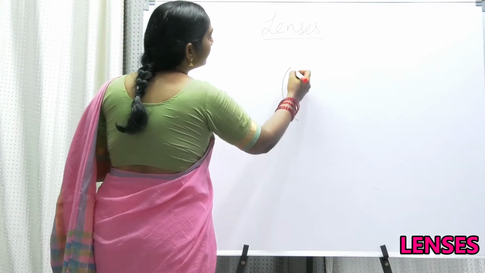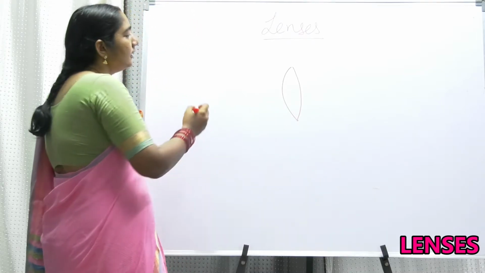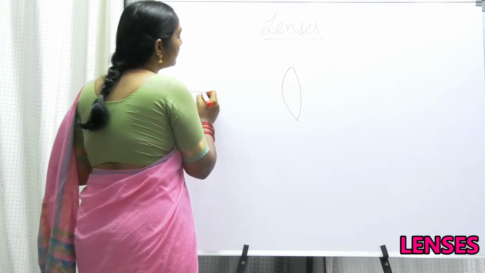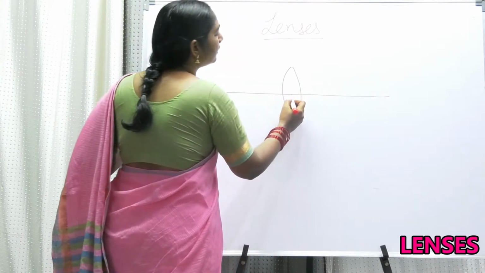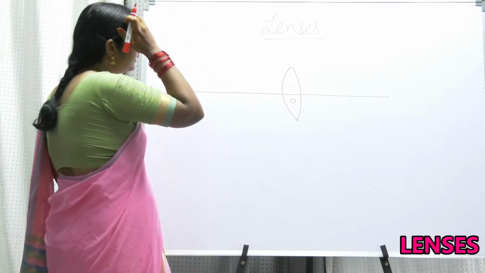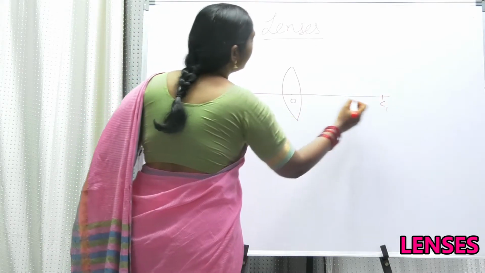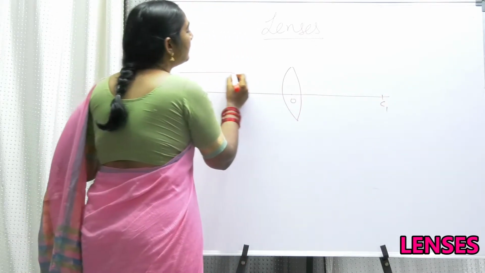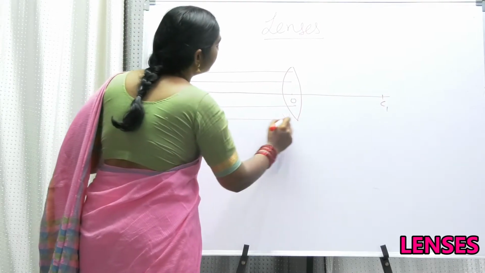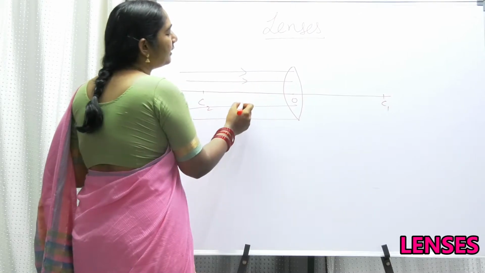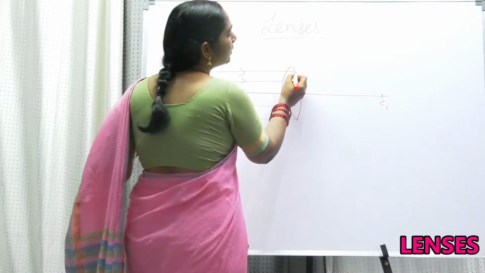Now again we are going to see the case of a convex lens. Already we have discussed the centers of curvature. This is the principal axis passing through the optical center and the centers of curvature. Now when a parallel beam of light is coming like this, generally any parallel beam comes from an infinite source, this beam gets converged.